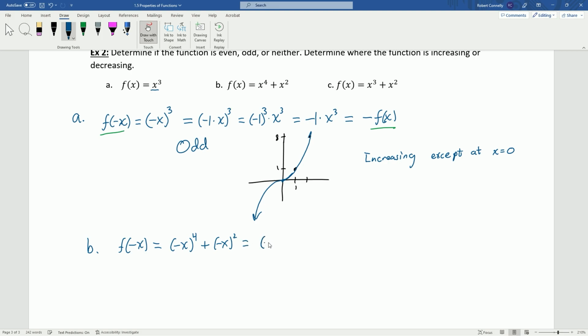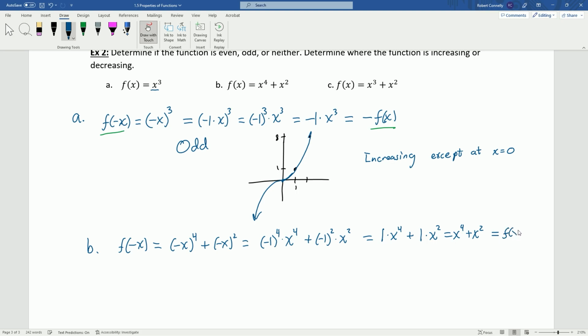So again, this is equivalent to writing negative 1 to the 4th times x to the 4th plus negative 1 squared times x squared. And if I take negative 1 to the 4th power, I just get 1. And if I take negative 1 squared, I just get 1. But this is really just x to the 4th plus x squared.